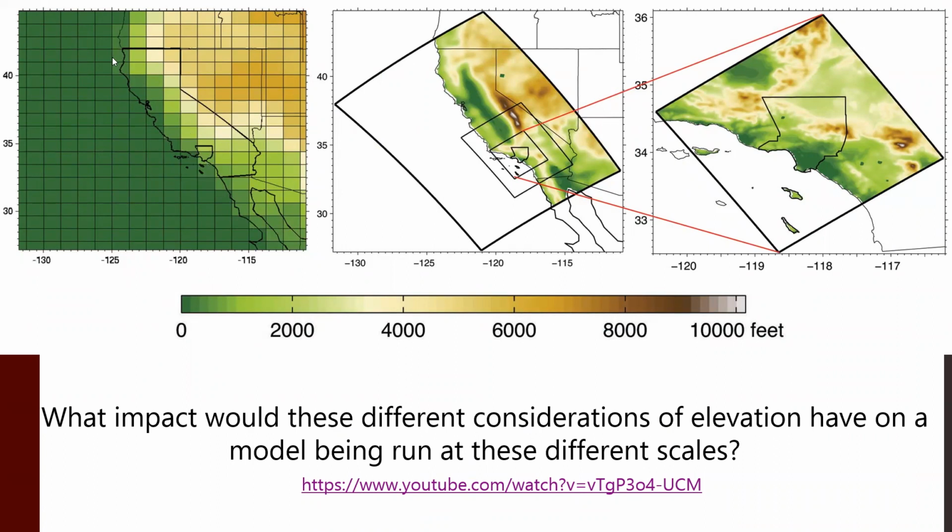So we've got California, and if you look at that extra outline about 35 degrees north and 118 degrees west, that's LA. And then we zoom into it left and right. Do you think treating LA as 2 pixels worth of elevation versus treating it as all those pixels of elevation is actually going to have a difference in terms of how you understand climate in Los Angeles?